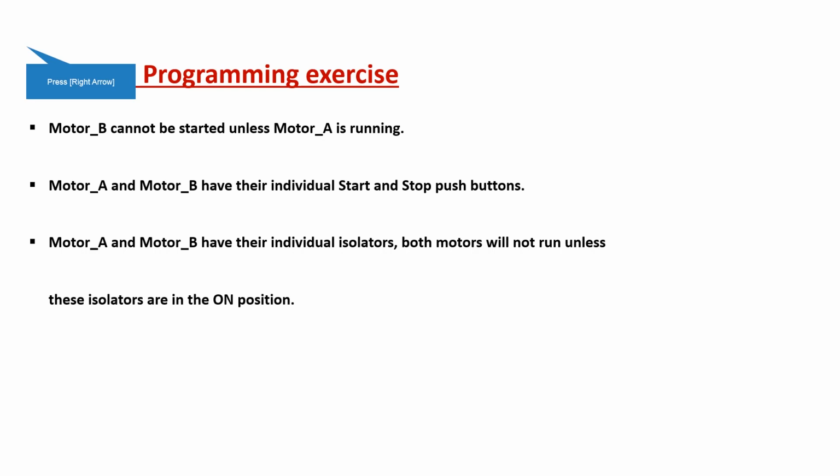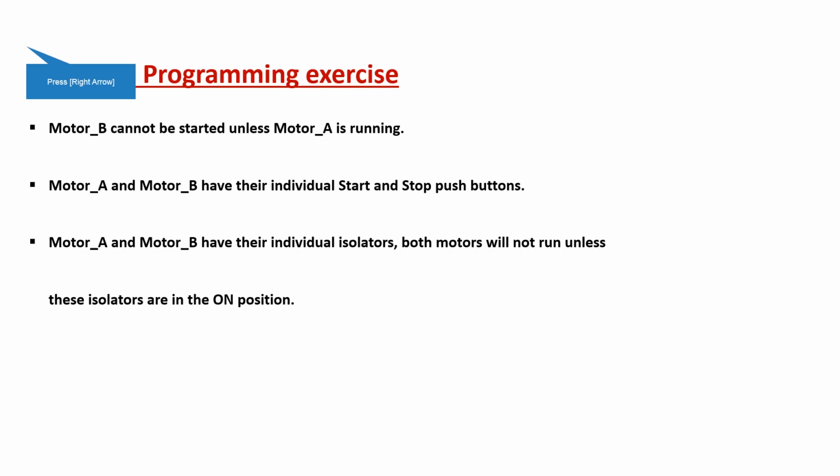Okay, without any waste of time, let's recap on this particular exercise, because I've said a lot of things now. We've got two motors, motor A and motor B. Motor B cannot be started unless motor A is running. Both motors have their individual start and stop push buttons, and both motors have their own isolators, isolator B and isolator A. These isolators will control whether the motor is going to run or not.